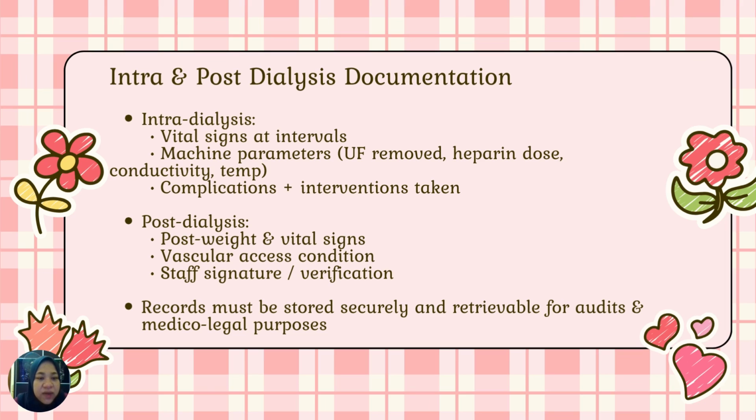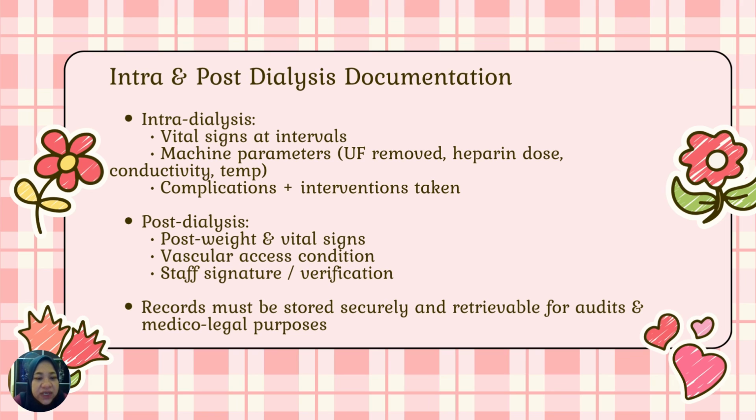For the intra and post dialysis documentation, we divide into intra dialysis and post dialysis. For intra dialysis, we should document the vital signs at intervals. Machine parameters include UF removed, heparin dose, conductivity, and also temperature.